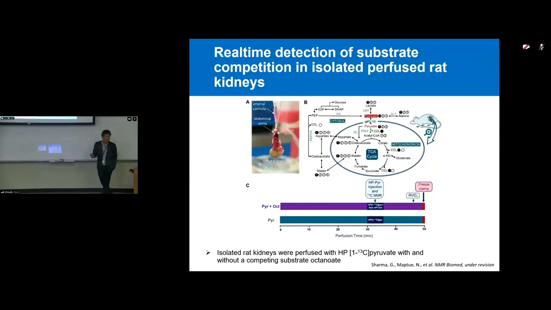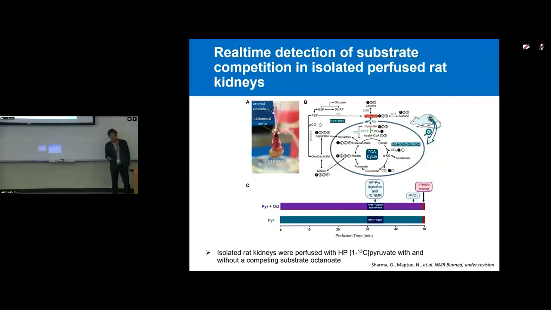We did a similar experiment to the one we did with the heart. We isolated the kidney, cannulated and perfused it with a mixture of pyruvate and octanoate, a competing substrate, or just pyruvate, and see what happens. Is the kidney metabolically active and utilizing pyruvate? What we found is the kidney is very oxidative.